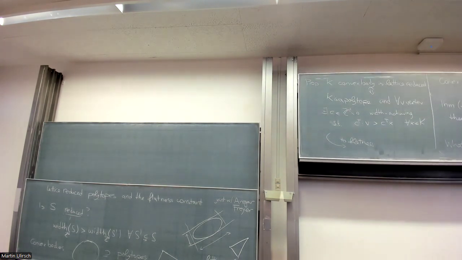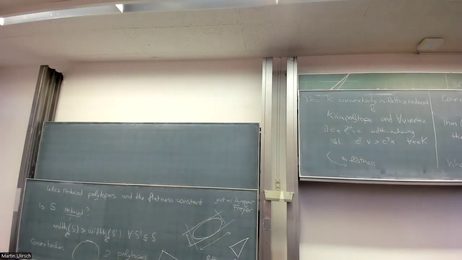Right. So if you have a convex body in a certain dimension which does not contain interior lattice points, then its width is bounded. The problem is that the theorem is not constructive, or rather, the proof is somewhat constructive, but you don't find the best possible constant.